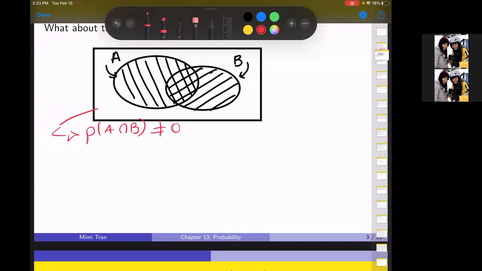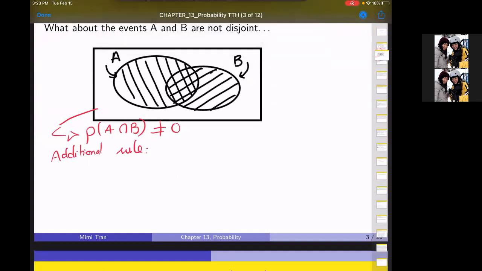Now, how about the addition rule? Is it changed? Absolutely changed. If I want P of A or B, I want everything of A and everything of B, so I've got to be careful. If it were two separate balls, then all I'd do is take A and B and add them together, right? But here they intertwine.